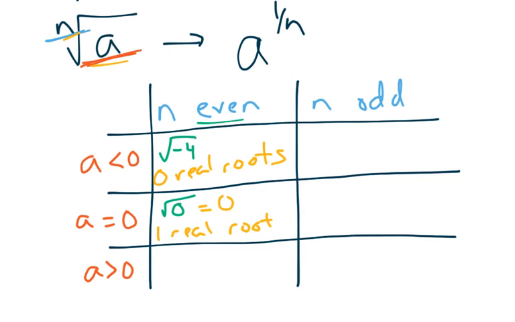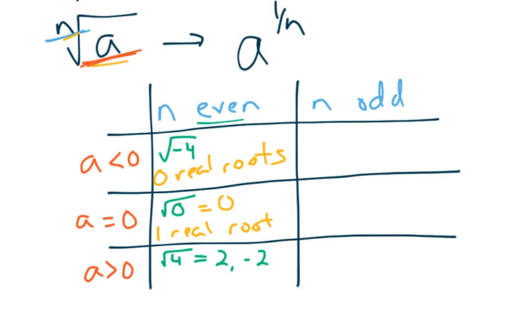Now if we move on to a is greater than 0, we're looking at something like the square root of positive 4. If we think about what number times itself gives you positive 4, there are actually two answers here. There's positive 2, because 2 times 2 is 4, but as we talked about earlier, negative 2 is also an answer. Negative 2 times negative 2 is also positive 4.